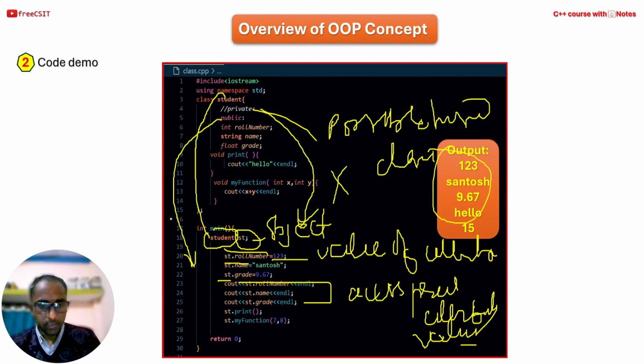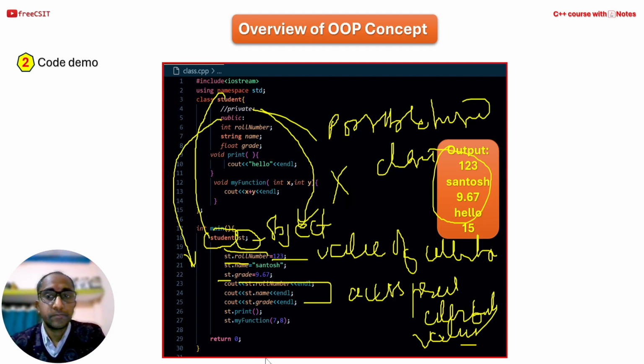You can see here. I will provide you this source code in the description links. You can download from there, and you can practice this code one or two times. It is very easy to understand, not so hard.